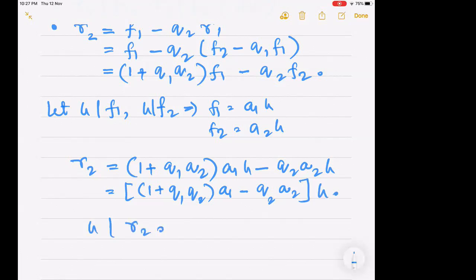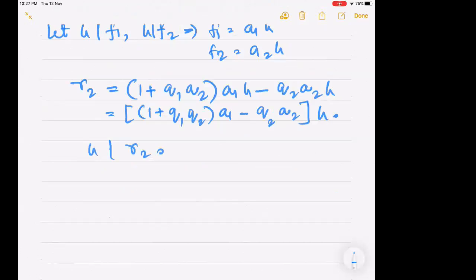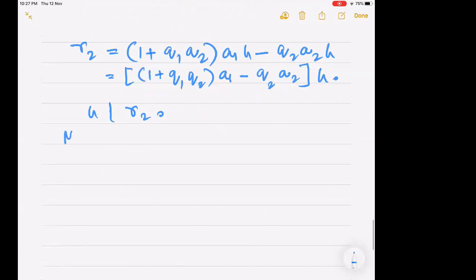So once again, R2 happens to be a common divisor, the greatest common divisor, the monic version of R2. So the monic version of R2 is the greatest common divisor, G, right?